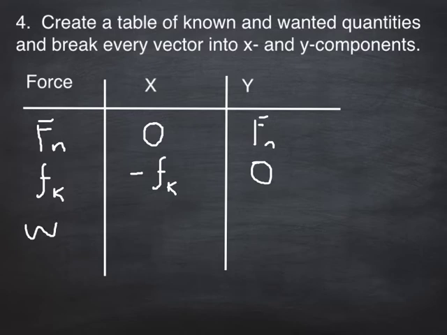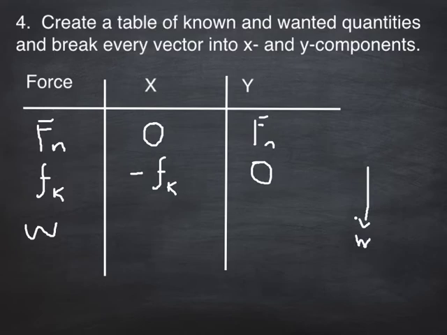Now the way I drew it, weight did not line up with the axes of my coordinate system, which means that the weight has both x and y components. So to figure out those components, I need to draw a triangle. I don't want to really clutter up my screen here, but I think it's important to remind you of what this looks like.